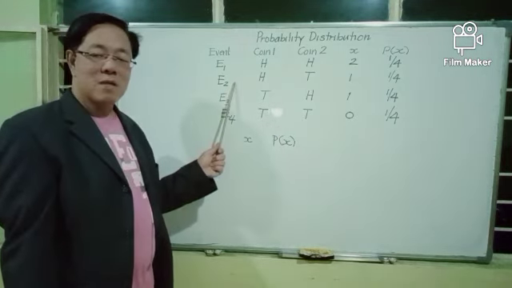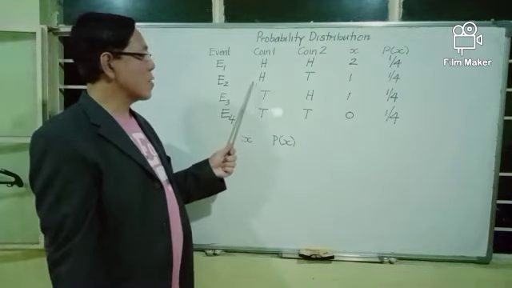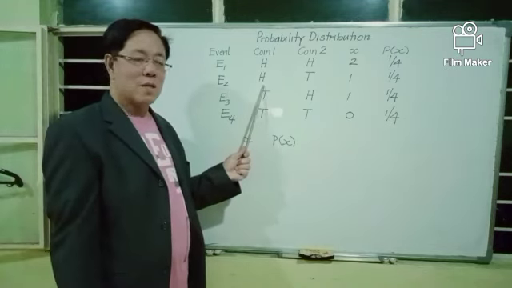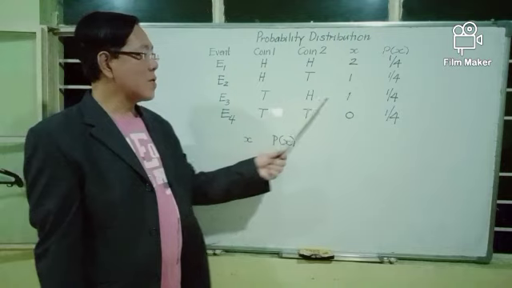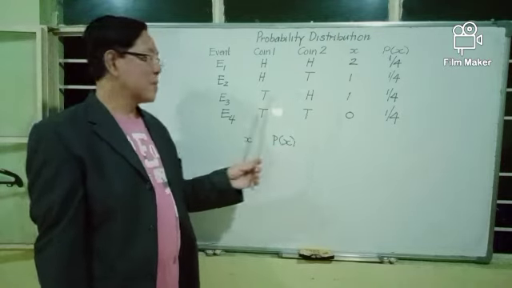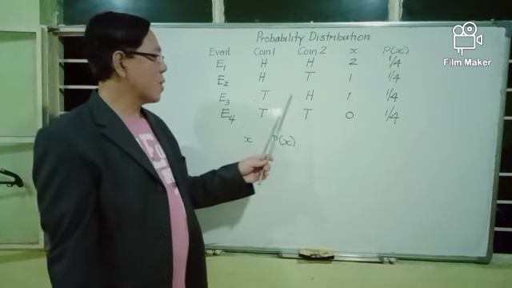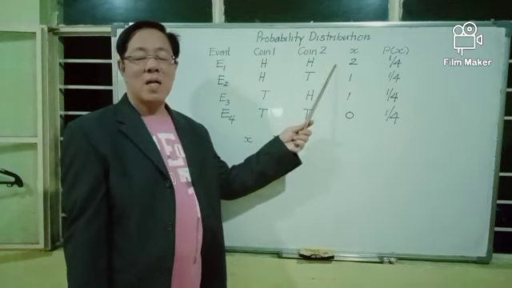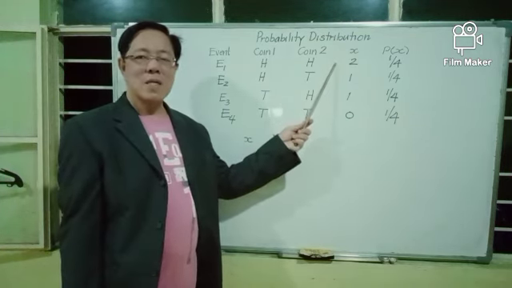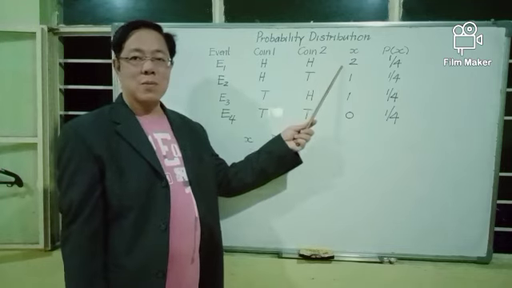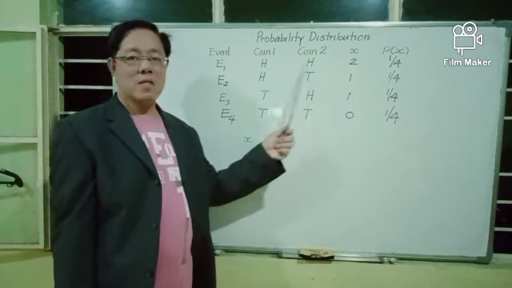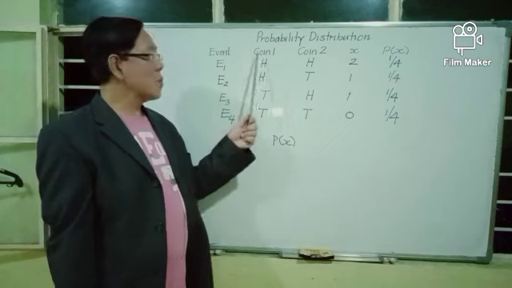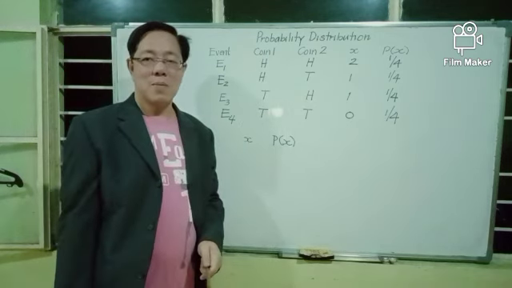One possibility is represented by event 2, where you get one head in the first coin. The other possibility where you get one head is in event 3, where you get one head in the second coin. And the third possible value of the discrete random variable x is 2, which means that you get two heads when you toss two balanced coins at the same time.